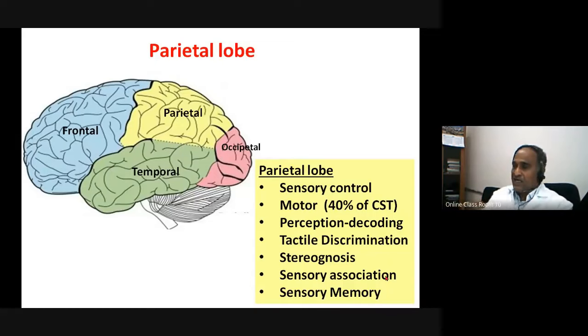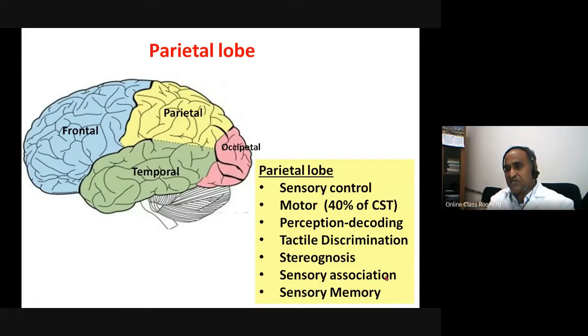So for any object, for example, this is the headphone. All the information regarding this headphone is stored in the sensory association area. I will know that here is a mic, here are the ear cups, here is a band, and so on.